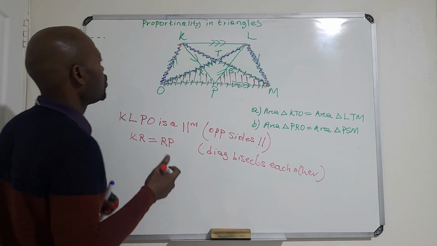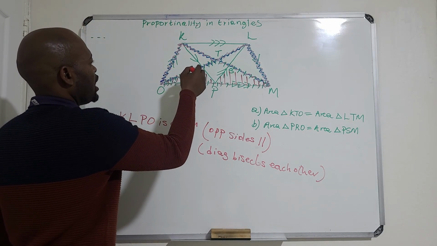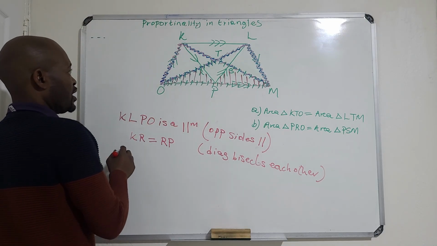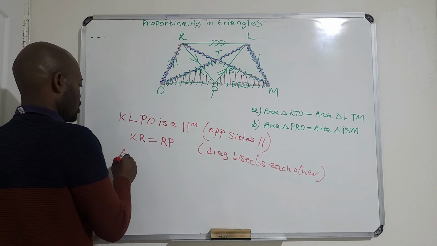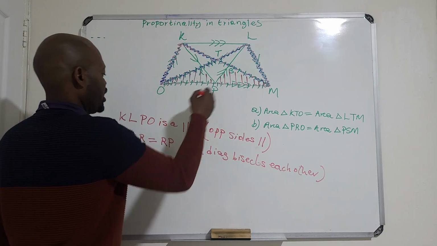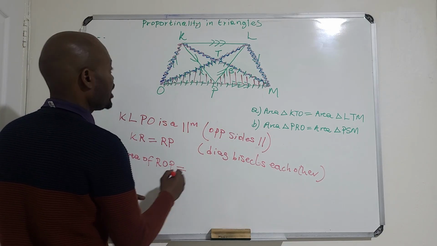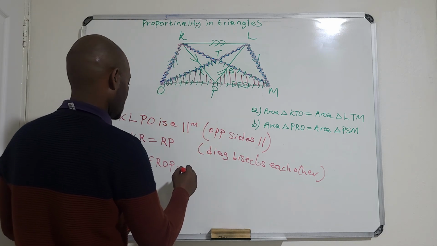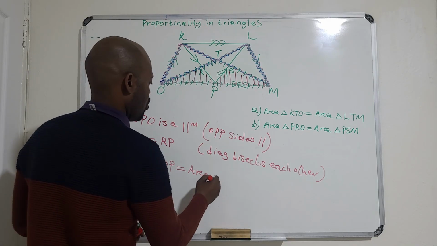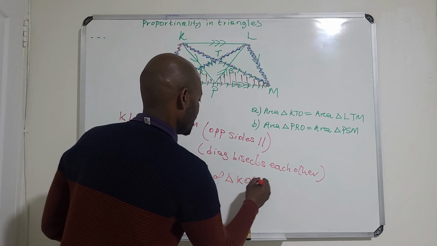Now, we know that the area of triangle ROP is equal to the area of triangle KOP.